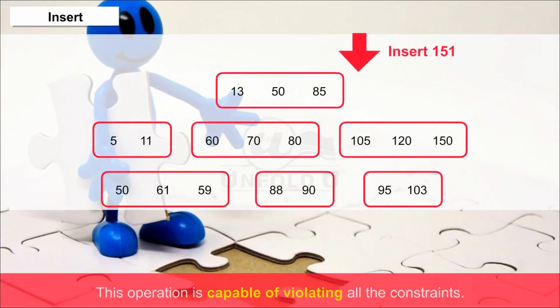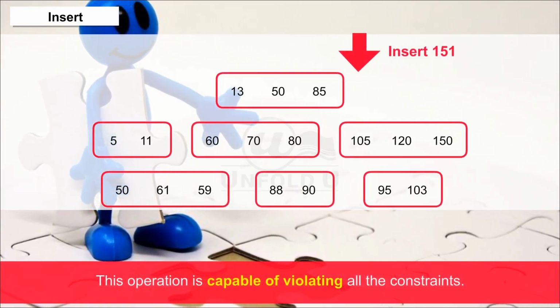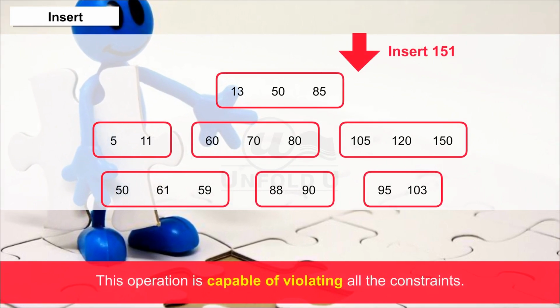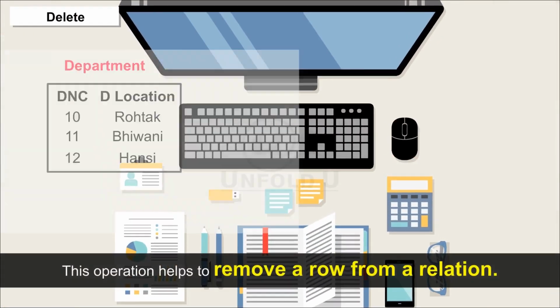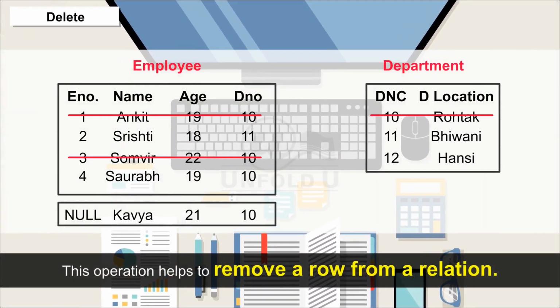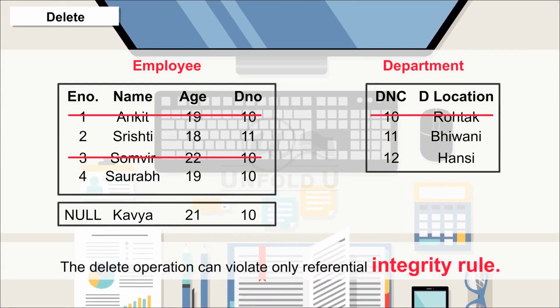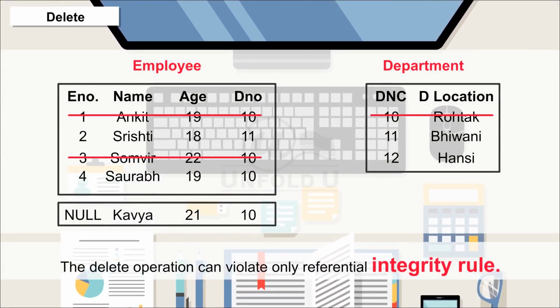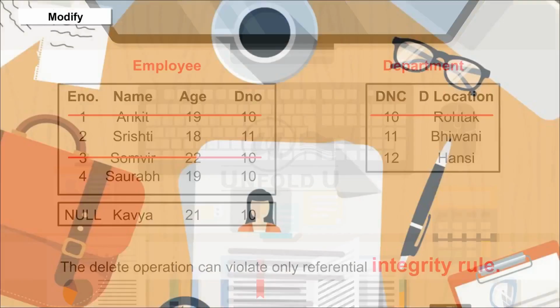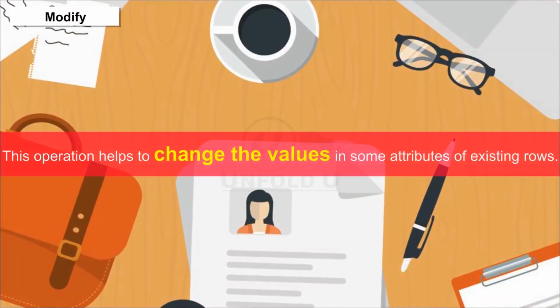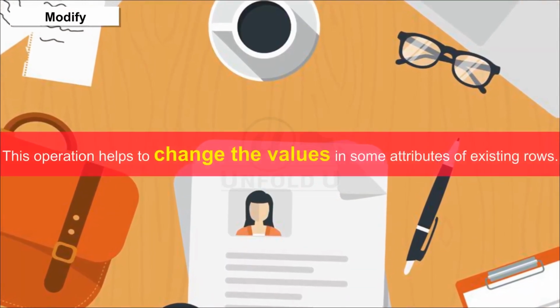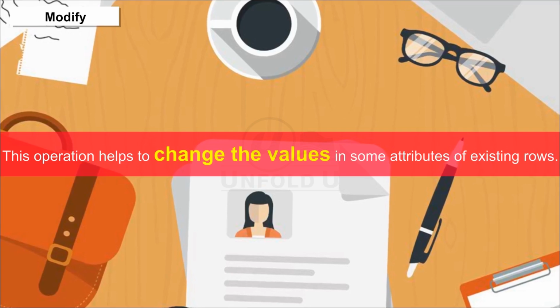This operation is capable of violating all constraints. 2. Delete. This operation helps to remove a row from a relation. The delete operation can violate only the referential integrity rule. 3. Modify. This operation helps to change the values in some attributes of existing rows.